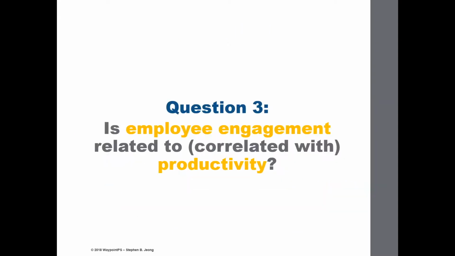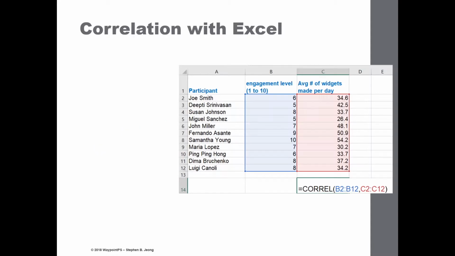Let's move on to question number 3. Is employee engagement related to productivity? Same deal, same group of people. Now, in typical databases, you'll have hundreds, if not thousands, of people. Here, I just have 11 people, just as an illustration.